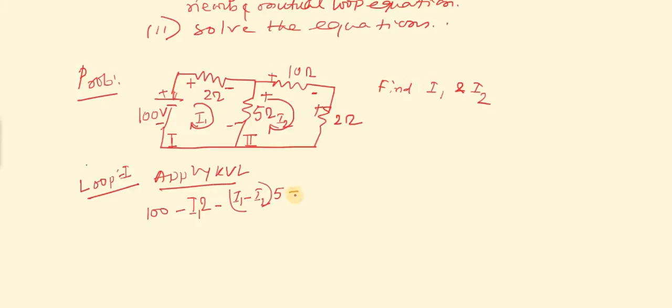The algebraic sum of loop voltages is 0, the KVL law. Simplify this equation.